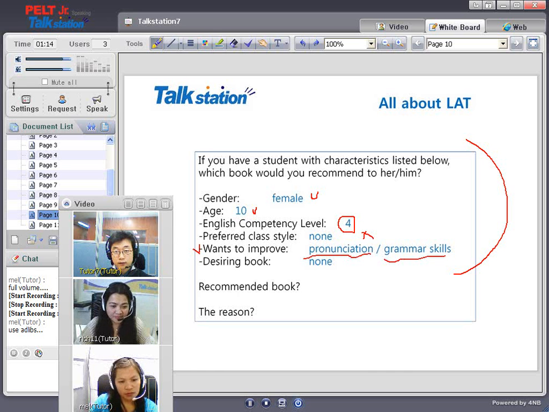If this is the case, what would the LAT tutor recommend as an appropriate book? Do we need more information, or can we decide based on this information?